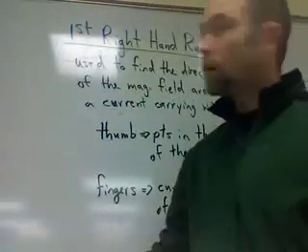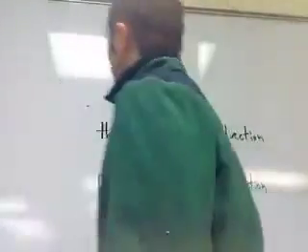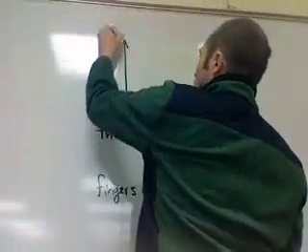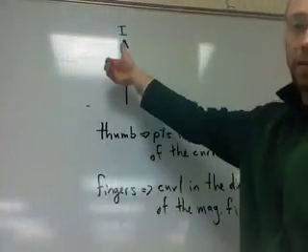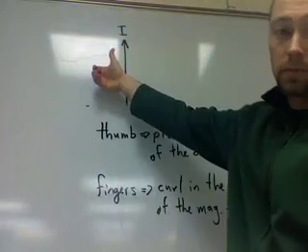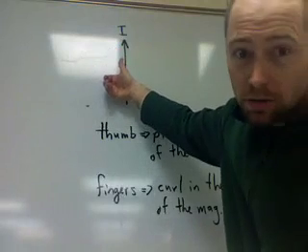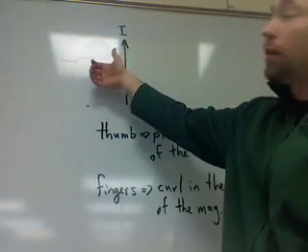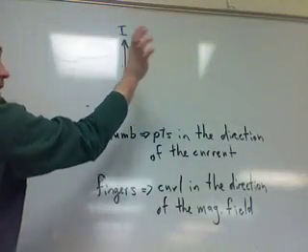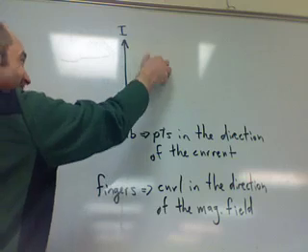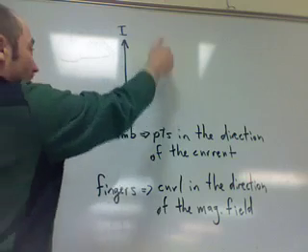So if I go to the example I just did, everybody do this with me. Thumbs up, everybody. Use your right hand. On this side, my fingers are curling into the page. How do I show that?